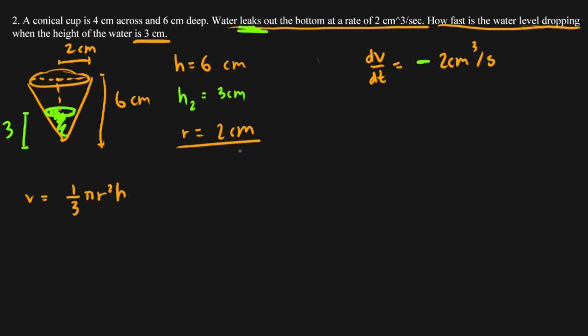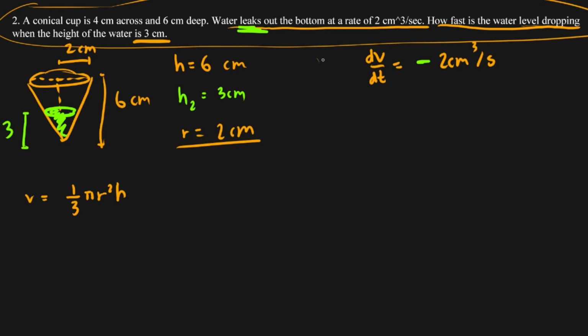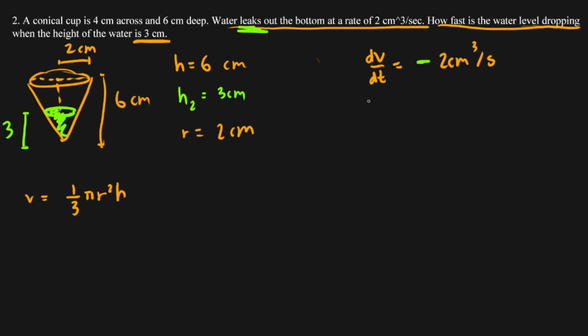But we don't want the radius in the equation, because we're not given the rate at which the radius increases. Because of that, we want to change everything to h, since we're trying to find the derivative. We're trying to see how fast the water level is dropping when the height of the water is 3 centimeters, so we need to find dh/dt.